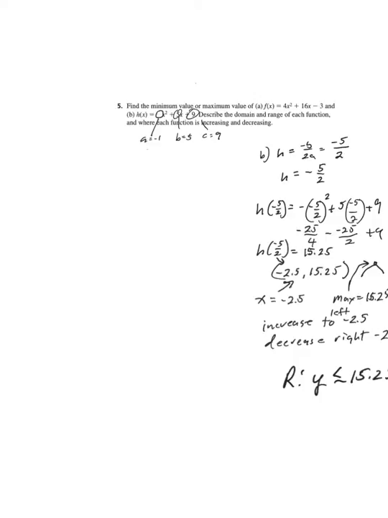and other things. So what I'd like you guys to do right now is to do problem A. Be brave, and I want you to find the minimum or maximum. I want you to find the range, and I want you to figure out where it's increasing and decreasing.